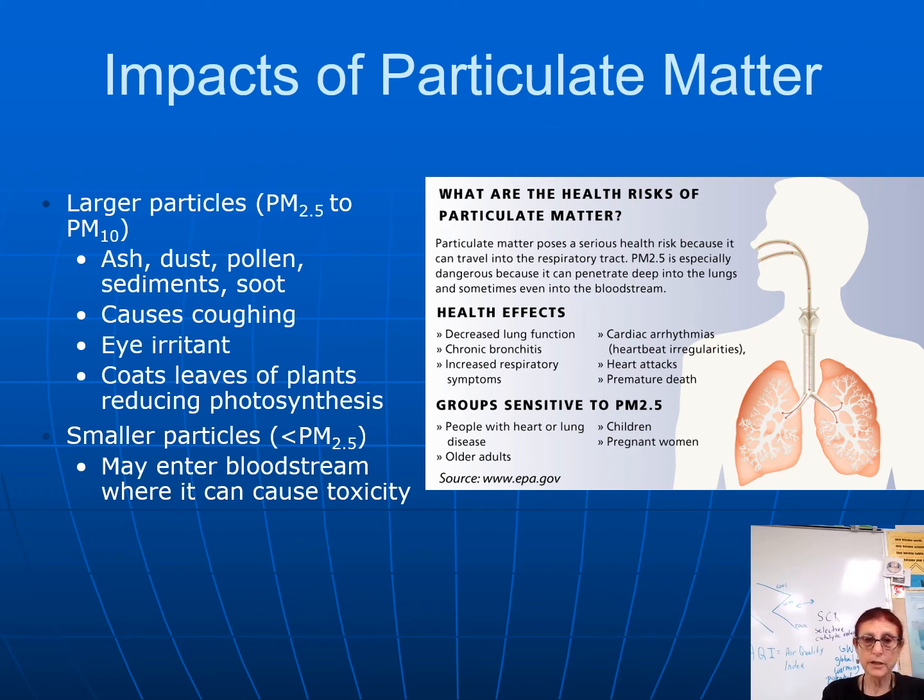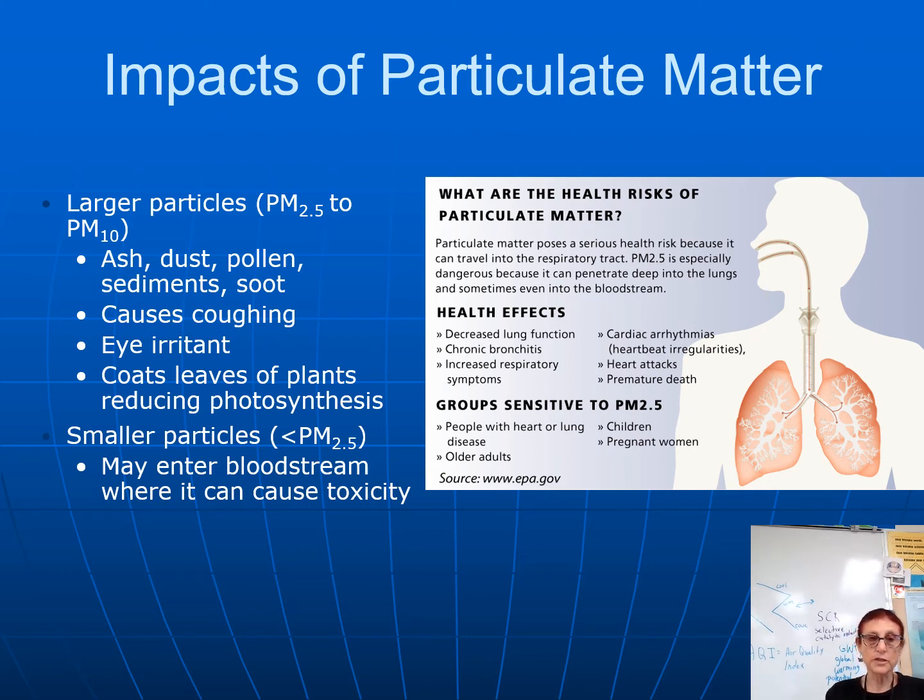But when you look at the smallest particles, things less than 2.5, and those aerosols, those are things that can really stay in your lungs. Those are the things that cause more severe problems. And anytime you have decreased lung function, you decrease your ability to carry oxygen, you're putting more pressure on your cardiac system as well.